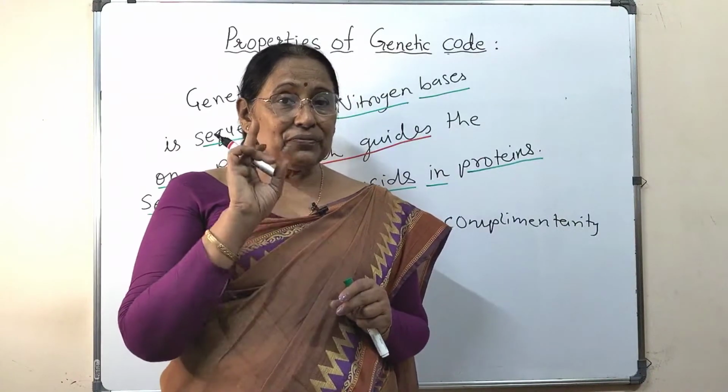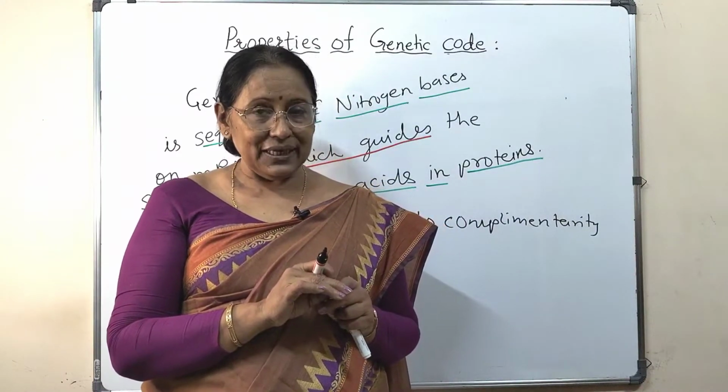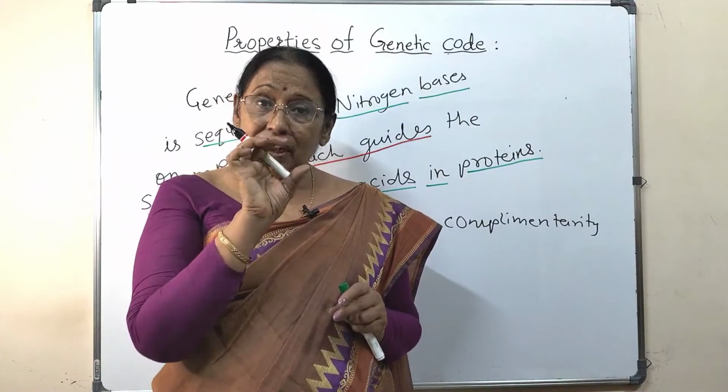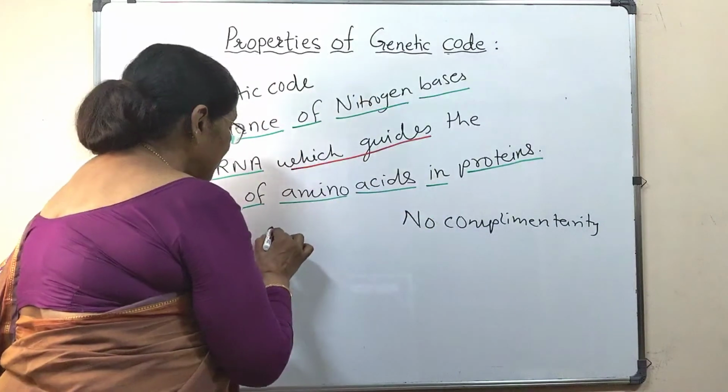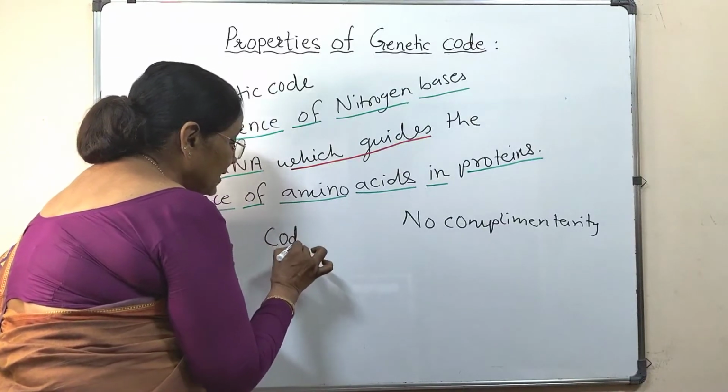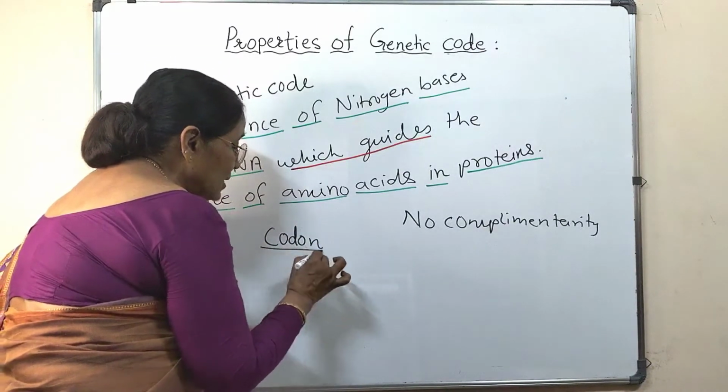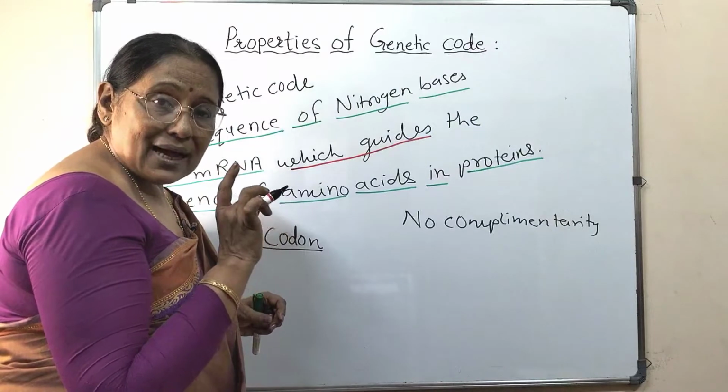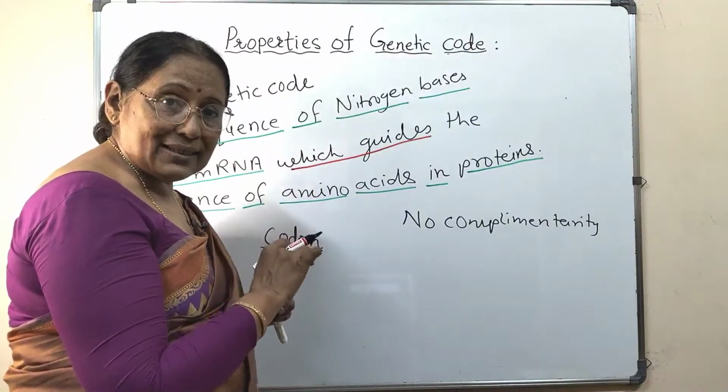Thus we come to the first property of the genetic code. Every codon means that sequence of nitrogen bases on mRNA which codes for one amino acid.